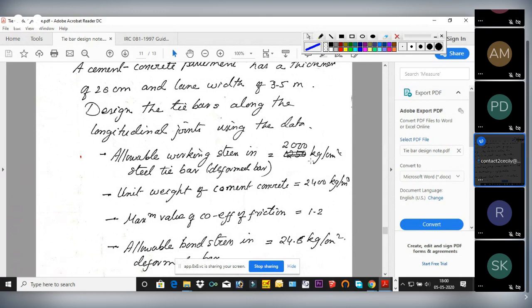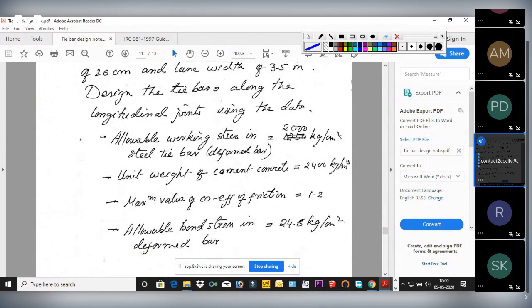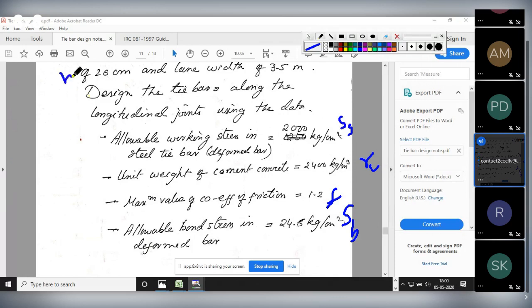Unit weight we know, 2400 kg per meter cube. Friction we know is 1.2, they have given. Otherwise it would be 1.5. So write down small f equals 1.2. The allowable bond stress is capital S suffix B. This is your SB, this is your f, this is your gamma C, this is your SS, this is your H, and this is your B. Done? Note it down.